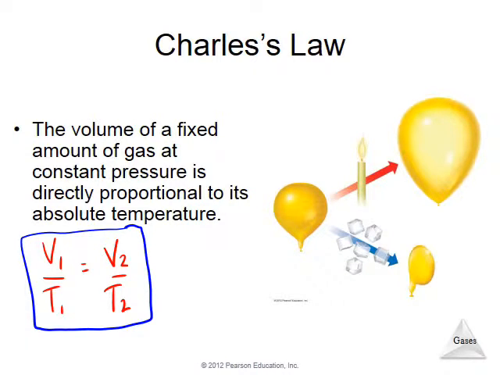You may like to write it a little bit differently, as V1T2 is equal to V2T1. Exact same equation, I've just cross multiplied. You may remember it more easily if it's written the way it's written in blue. Either way is fine, you'll just want to keep it in mind because you're going to need it.